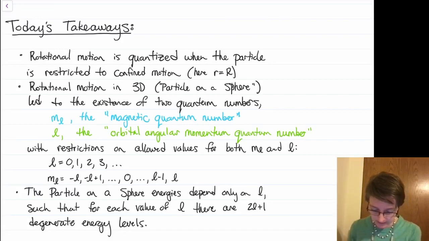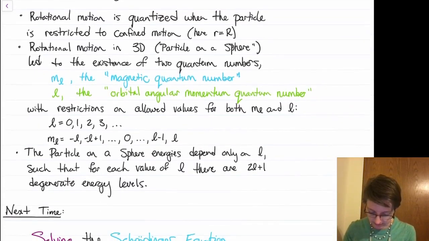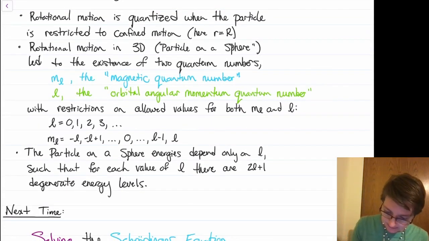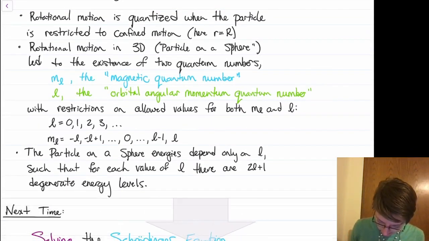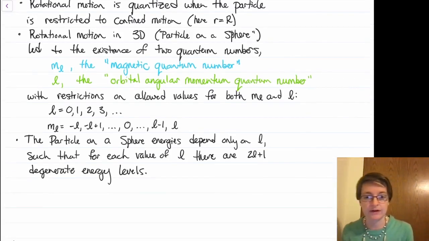There are restrictions for this particle on a sphere for allowed values of both m sub L and L, and the particle on a sphere energies only depend on L, such that for a given value of L, there are 2L plus 1 degenerate energy values. I'm going to add one more takeaway to this list, which is that the wave function for the particle on a sphere is given by a set of special functions called the spherical harmonics.